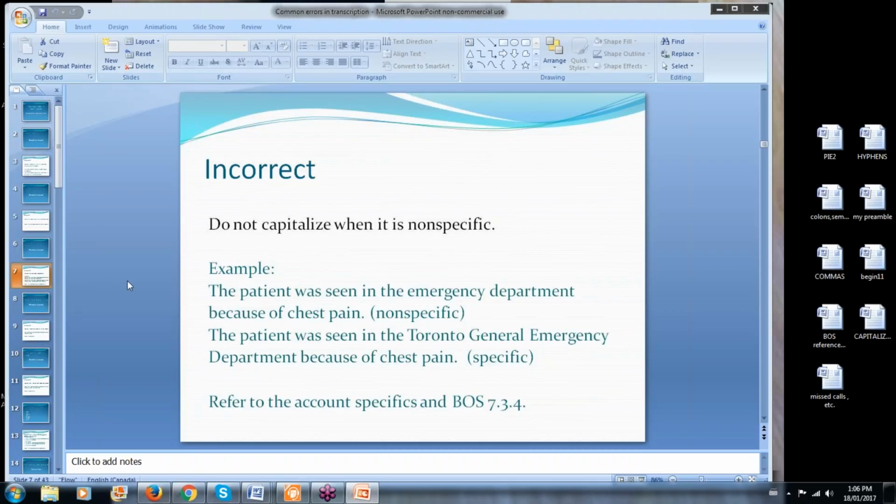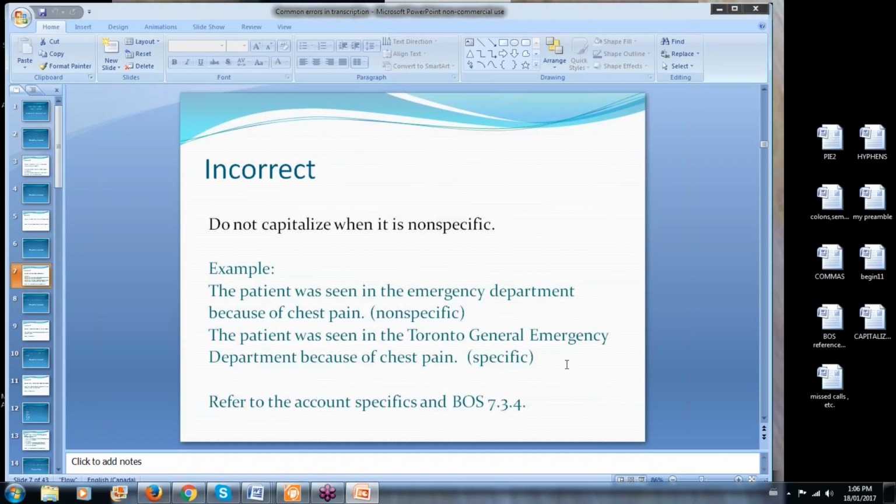And this is probably where a lot of students are getting mixed up with the one I showed before compared to this one. Okay, so for example, the patient was seen in the emergency department because of chest pain. That's non-specific, okay, because the emergency department could be anywhere. But if they said the patient was seen in the Toronto General Emergency Department because of chest pain, well, then that would be capitalized because it's specific.